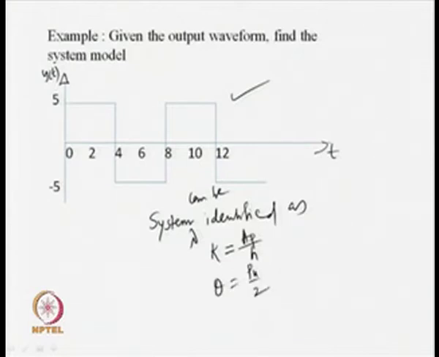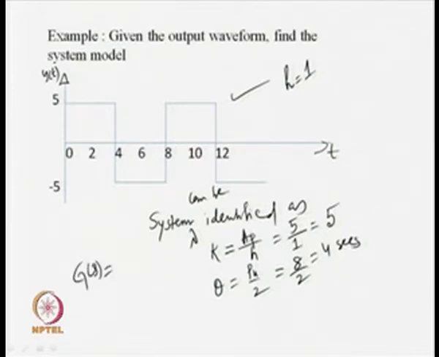So, the measured A p is found to be 5, and suppose the relay height is equal to 1. In that case, I get k equal to 5, and when I measure the period, it is 8 seconds. So, 8 by 2 equals 4 seconds. Then the transfer function model of the system can be given as 5 e to the power minus 4 s.